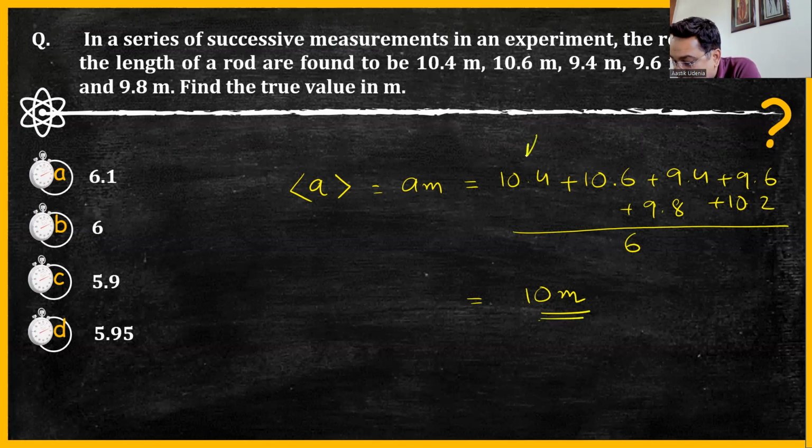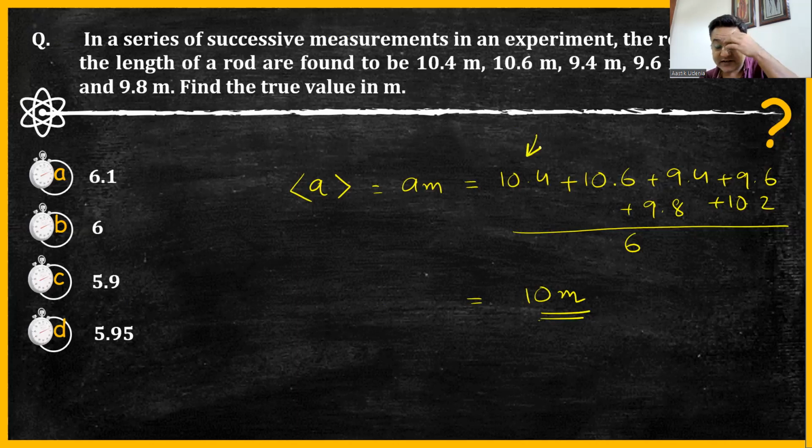In first case, you got the value as 10.4. So there was an error. How much was the error? 0.4. It was for 0.4 meters. It was more. In the second case, it was 0.6. In the third case, it was 0.6, but it was less than the original value.